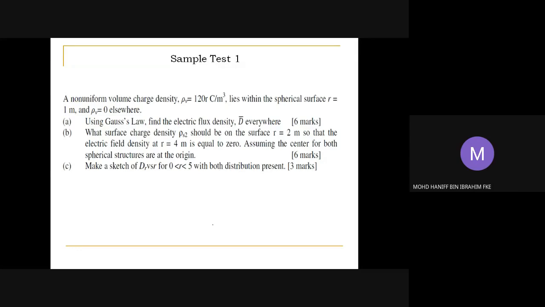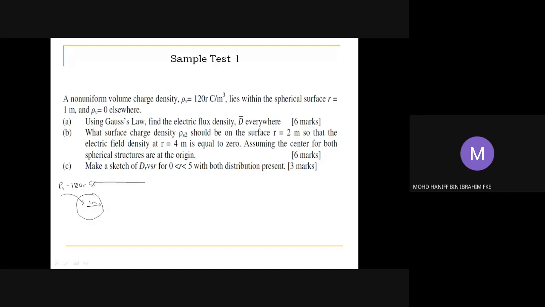If I sketch the problem, it should look like this, where we have a sphere with a radius of 1 meter, and the charge inside the sphere has density rho v equals 120 r coulombs per meter cube.